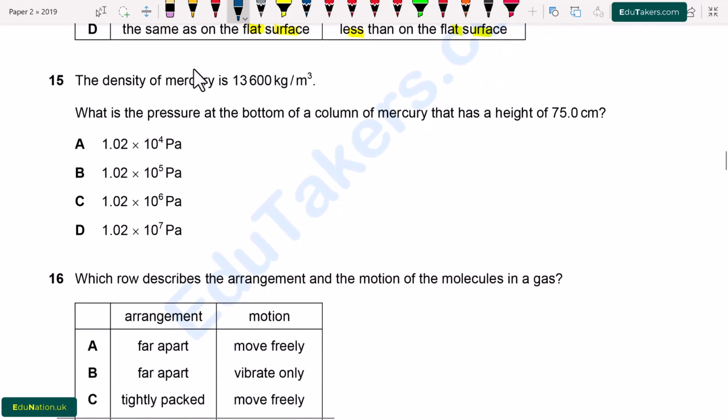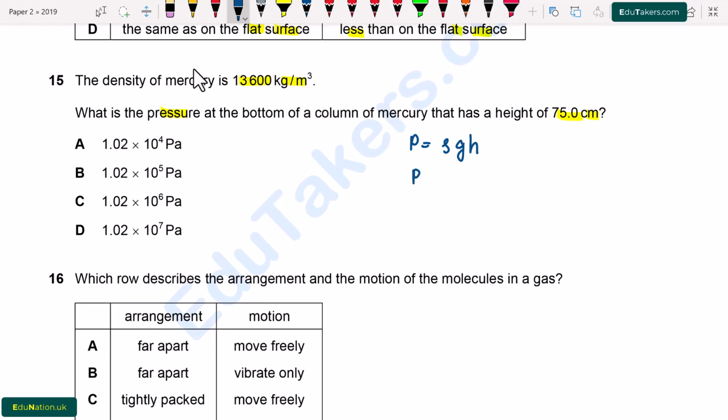Question number 15. The density of the mercury is 13,600 kg per meter cube. What is the pressure at the bottom of the column of mercury that has a height of 75.0 cm? Here we have to find out pressure. And we know that the pressure due to liquid is equal to density, gravitational field strength and height.